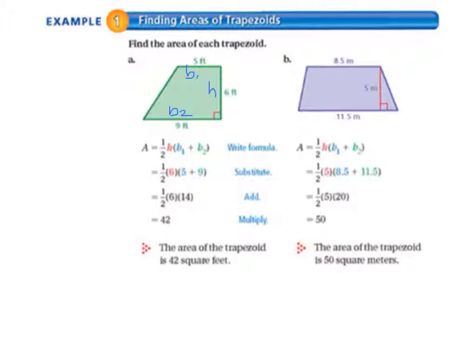And then we substitute in our numbers. So our height is 6, our base 1 is 5, and our base 2 is 9.